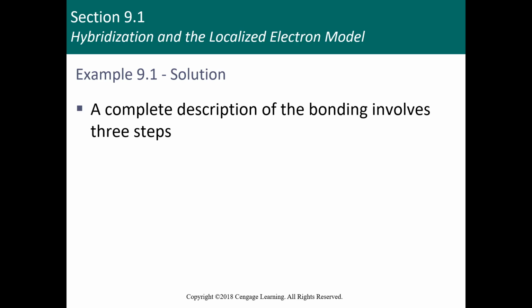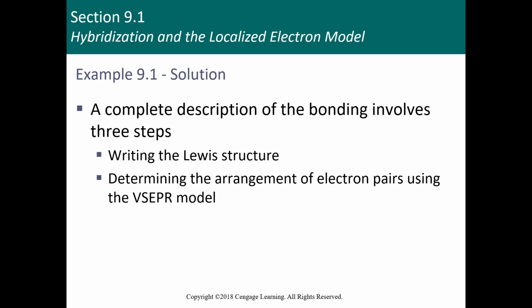All right, so a complete description of your bonding is going to be 3 steps. First, we need to write out the Lewis structure, because that's how the atoms are going to connect. Once we have our Lewis structure, then we can really start diving into the rest of it, like what sort of shape these are going to take on.